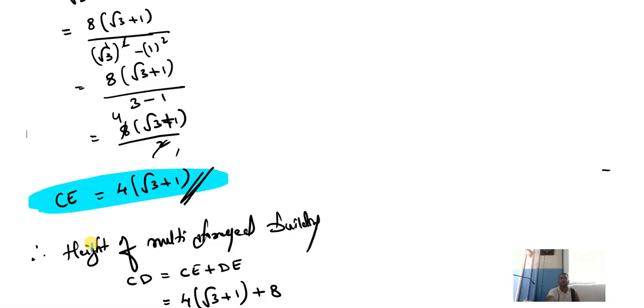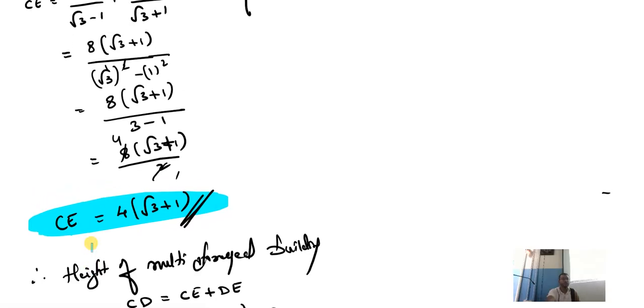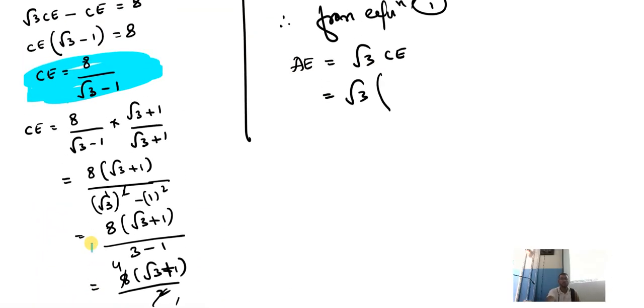Can we substitute the same value here? Yes, sir. So CE is equal to 4 into root 3 plus 1. Actually, in the earlier case I solved the same problem step by step, separately, but here I am solving it all together. Understood? Root 3 as it is, CE is 4 into root 3 plus 1.